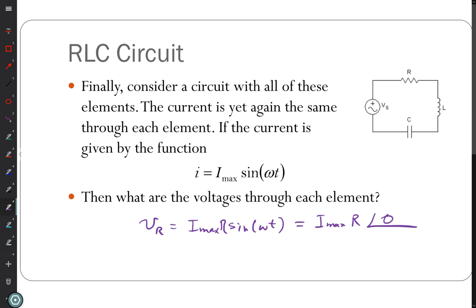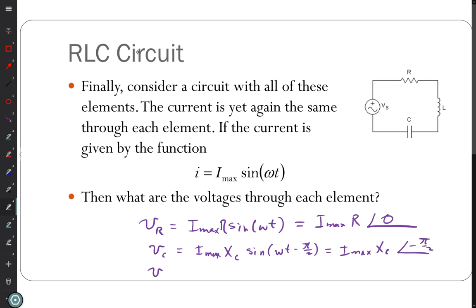Because it was omega t plus nothing. And then the capacitor was equal to I max X sub C sine of omega t minus pi over 2, which we write as I max X sub C angle minus pi over 2.